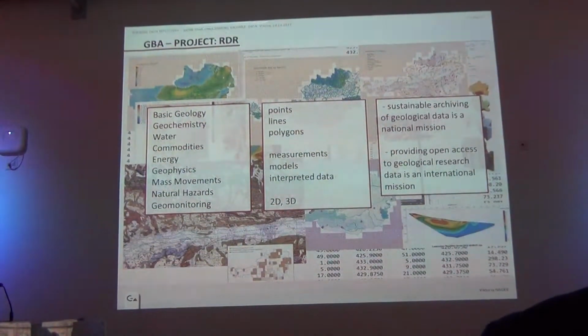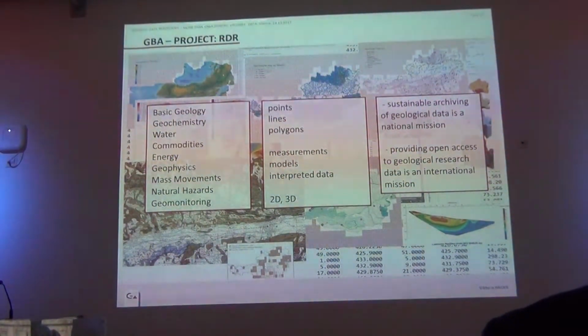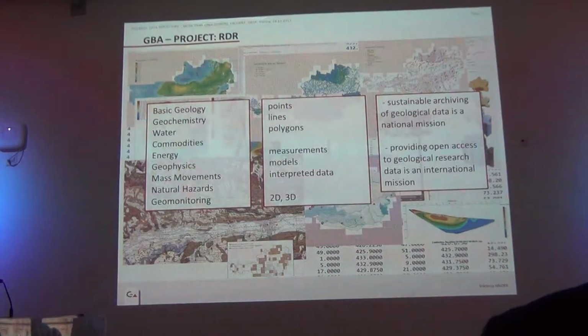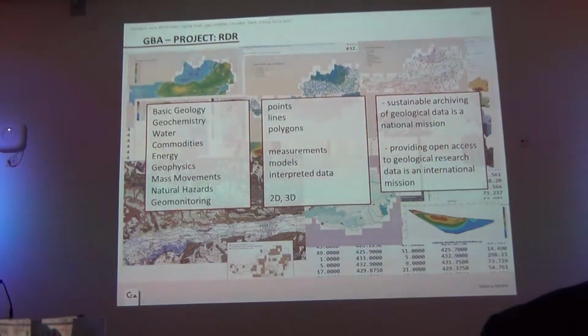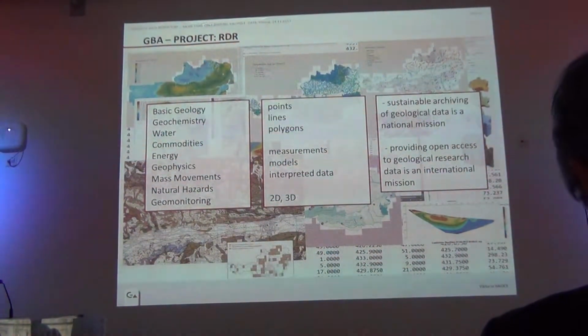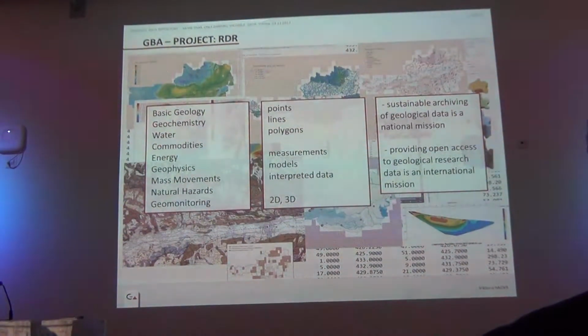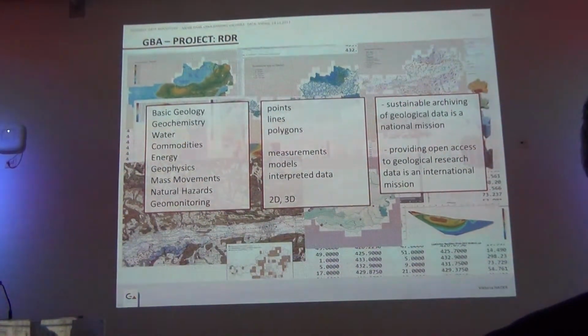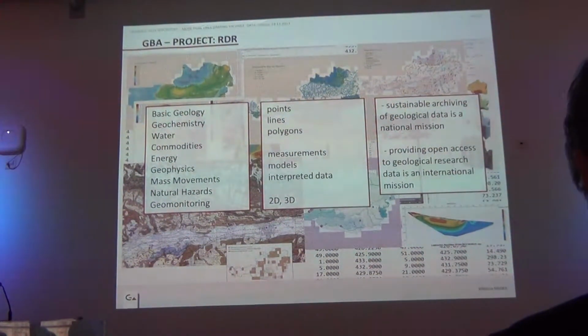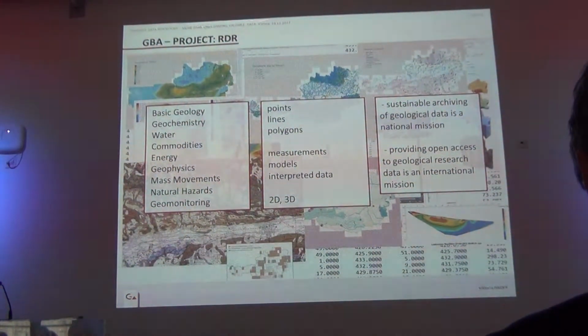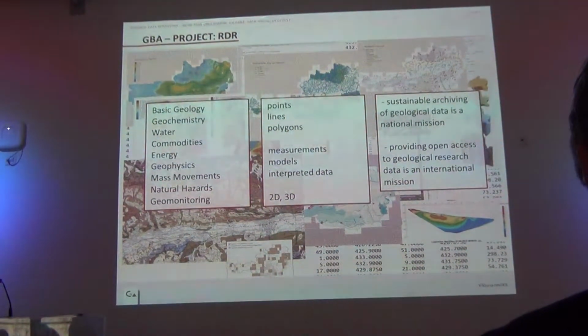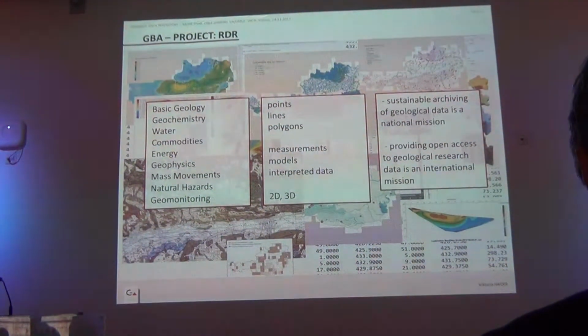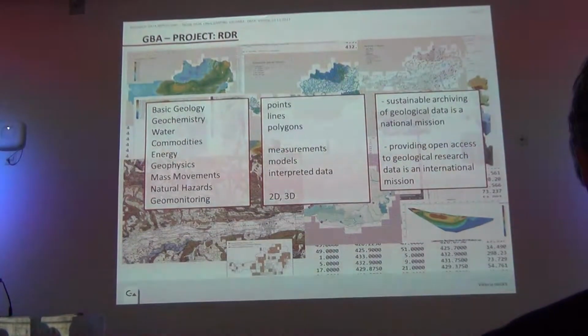At the Geological Survey of Austria, we don't only deal with geophysical data, but also with data from basic geology, from geochemistry, water, and so on. And in each discipline, we deal with points, lines, polygons, we deal with measurements, models, interpreted data, 2Ds, 3Ds. And we have a national mission.